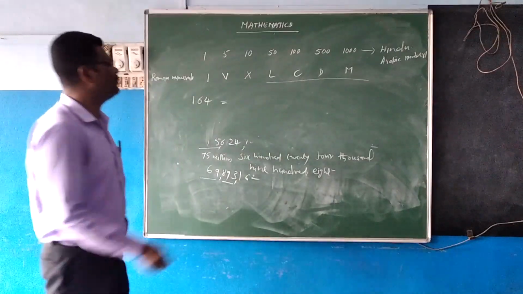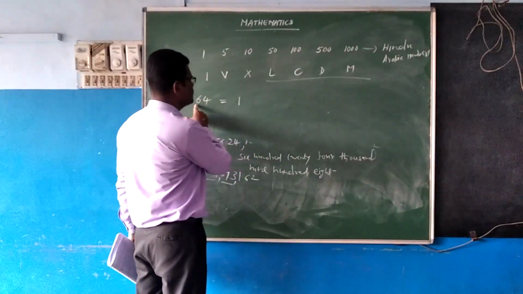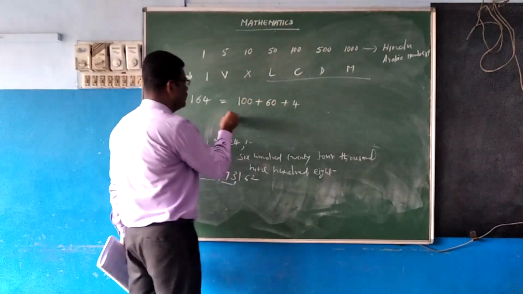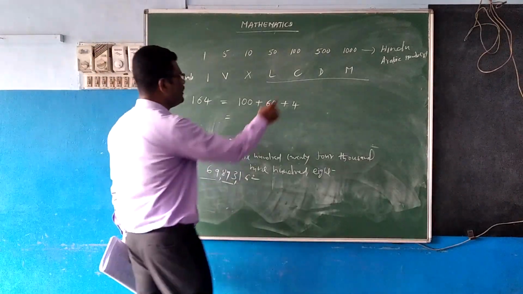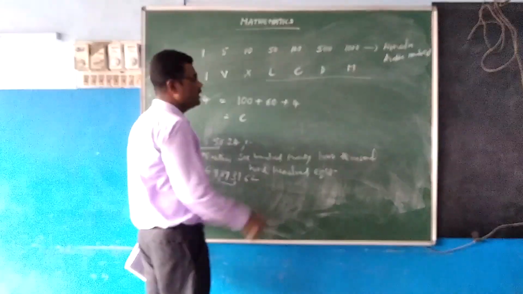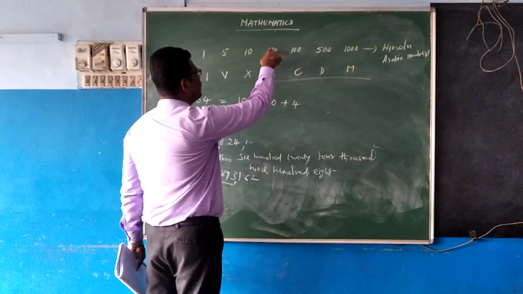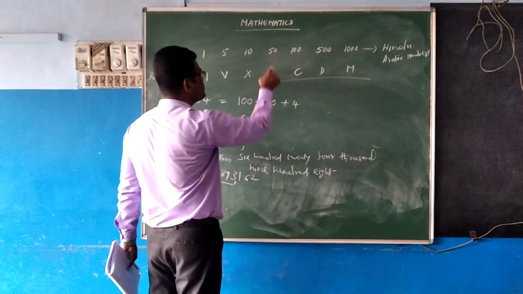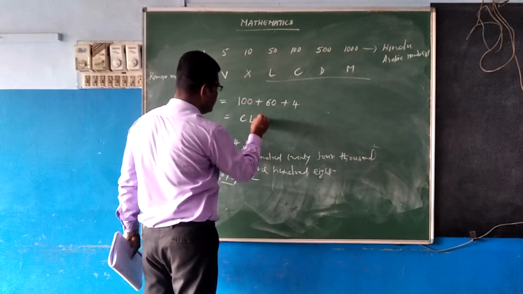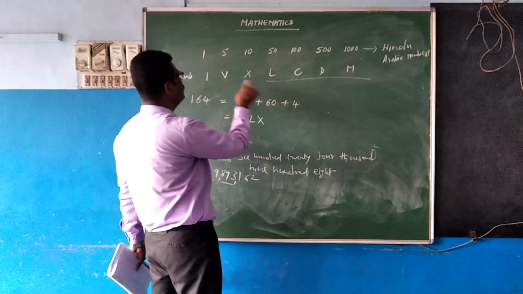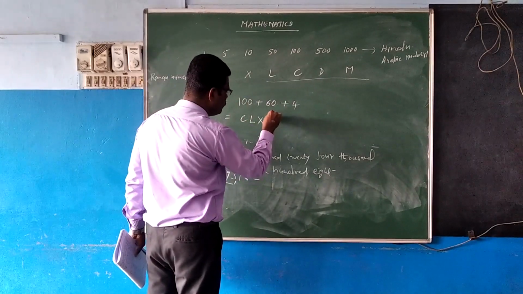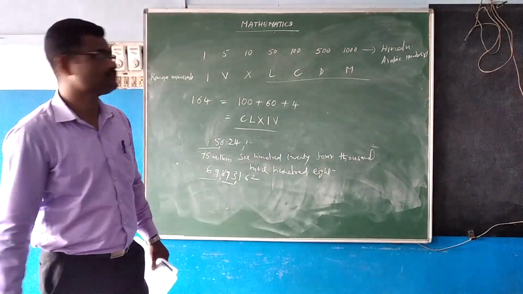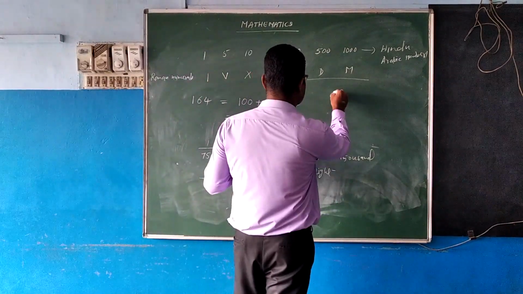You have to split the number: 164 as 100 plus 60 plus 4. 100 can be written as C. 60 can be written as 50 plus 10, 50 as L and 10 as X. And 4: this is 5, and if you place 1 before it, it becomes 4. LCXIV.